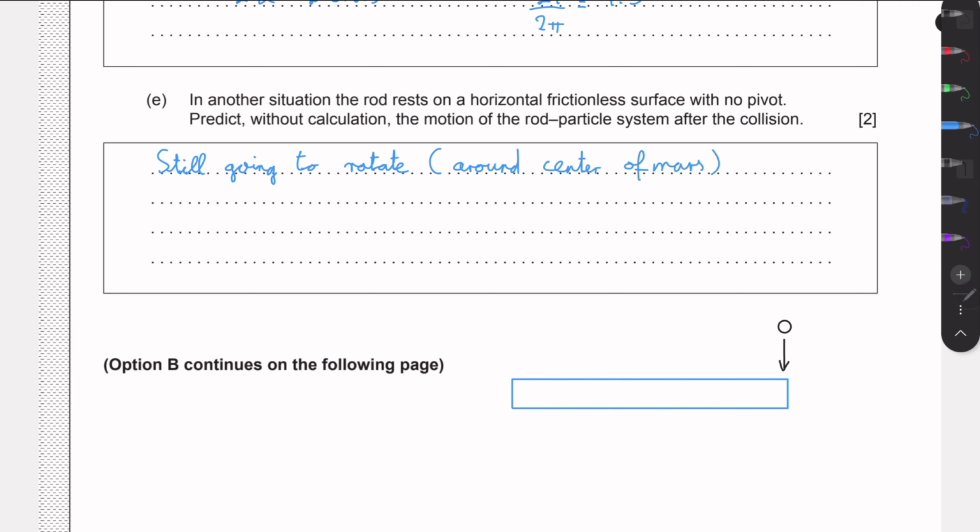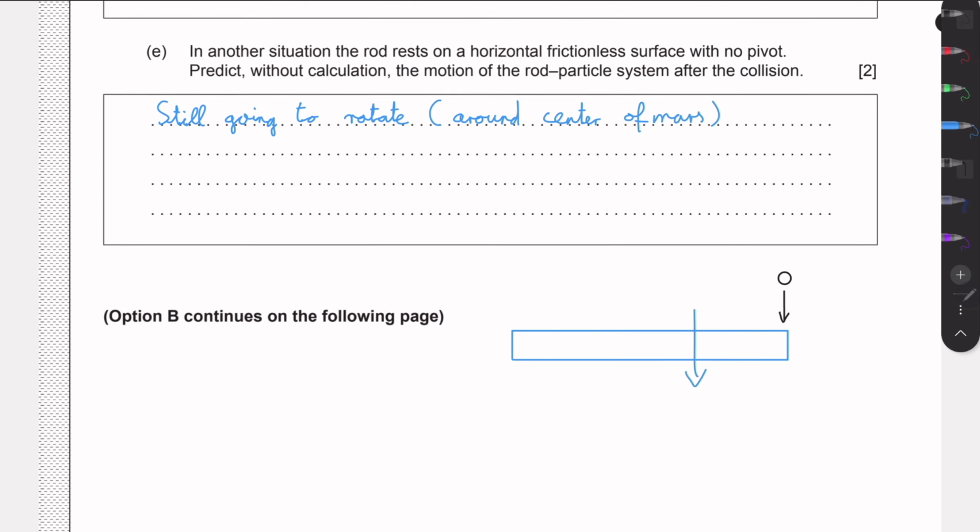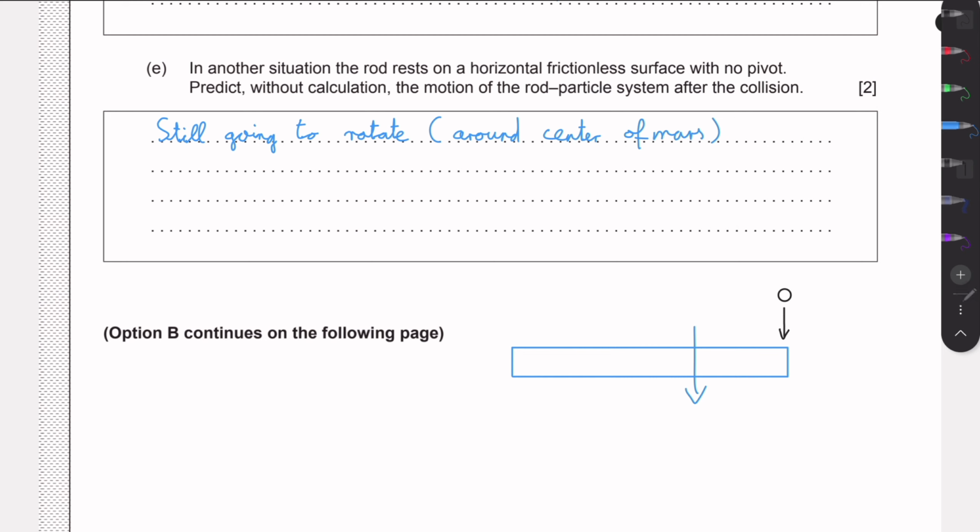And it's not only going to rotate, as we didn't pin it down here, so it's also going to move a little bit this way due to the impact force of the particle. It is going to slide downwards down the table. So the rod will move along a straight line.